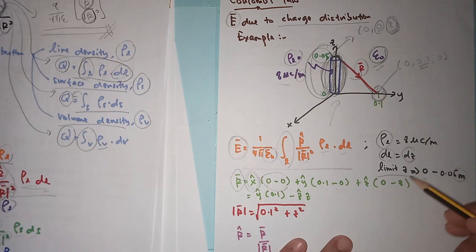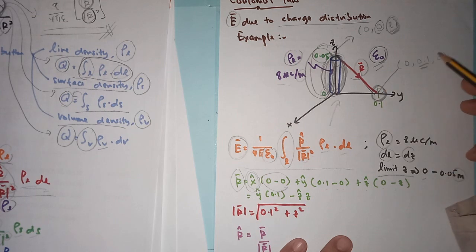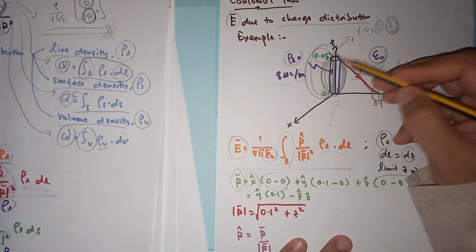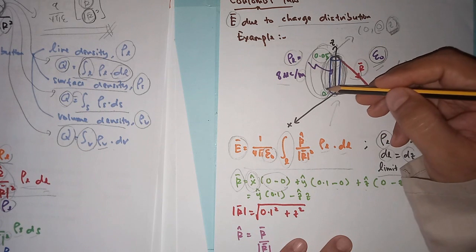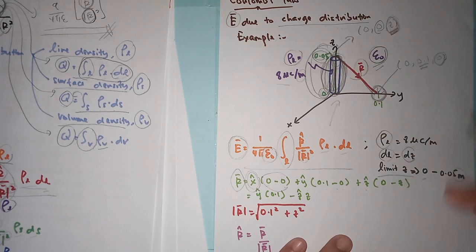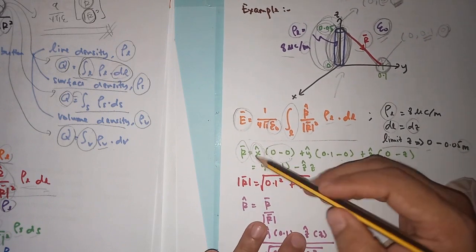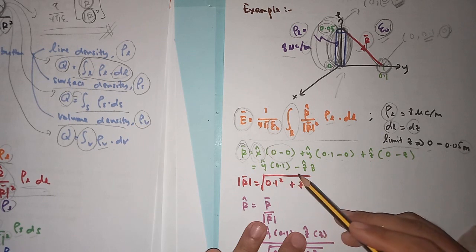And for z cap we have 0 minus z, because the test point's z component is 0, but for our line charge the z component is z, between 0 and 0.05. So the expression for the r vector is y cap 0.1 minus z cap z.